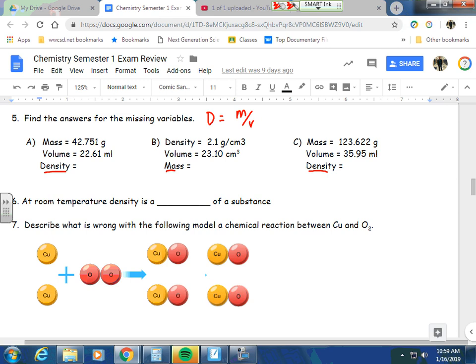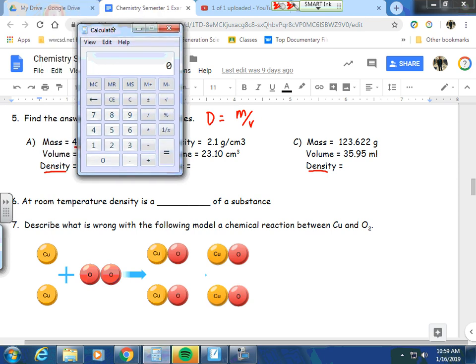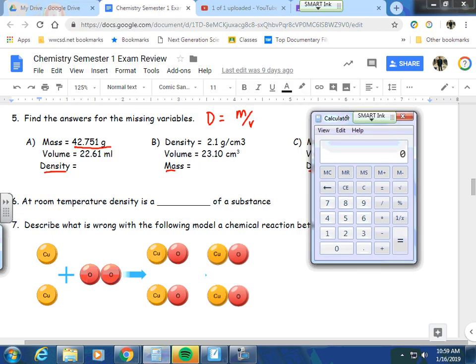So for density here, I'm just going to take the 42.751 grams, and I'm going to divide that by 22.61 milliliters. And the answer comes out to be 1.89.